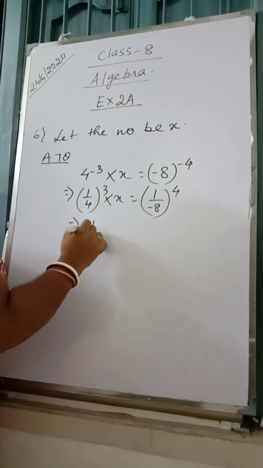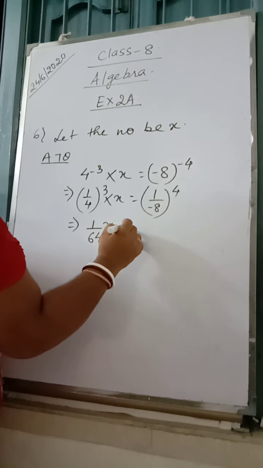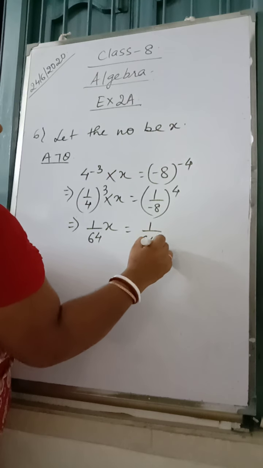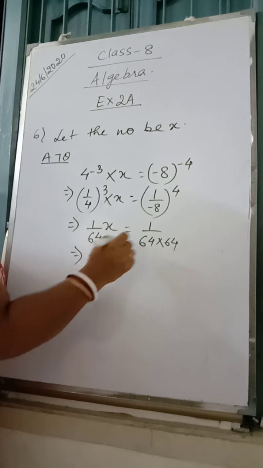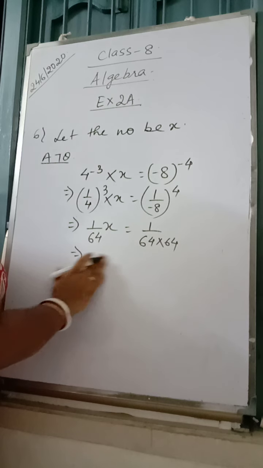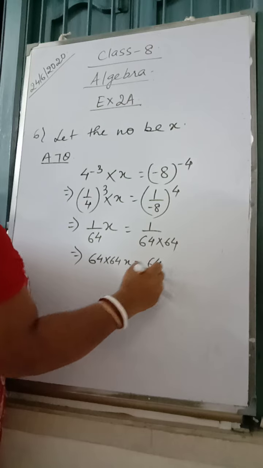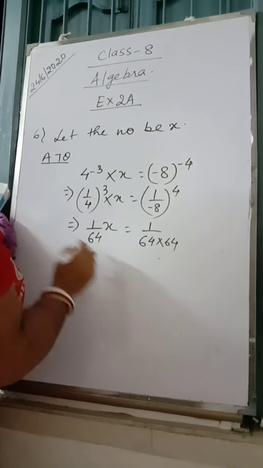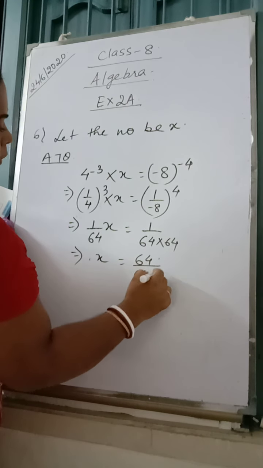Or it gives you 1 by 4 4s are 16, 4 16s are 64, x is equal to 1 by 64 into 64. Or x is equal to 64 into 64, x is equal to 64, or directly you can write it, this 64 goes that side, 64 by 64 into 64.